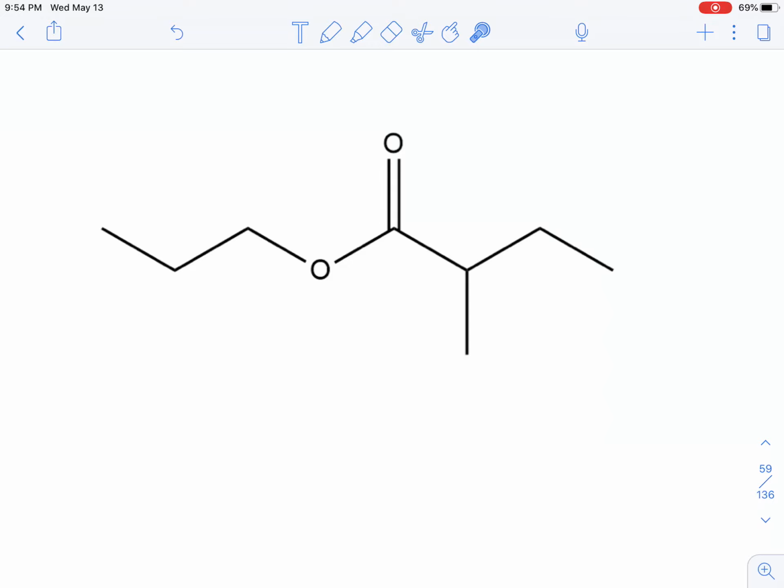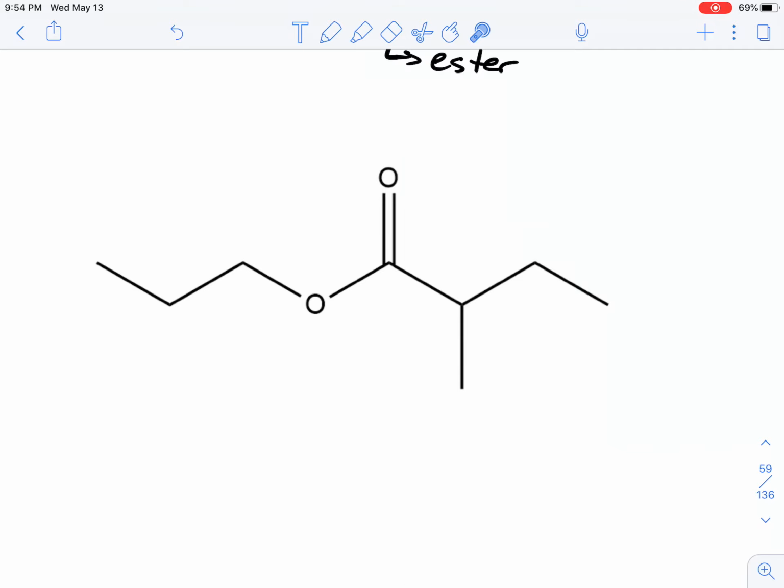So let's go ahead and take a look at this last example here. This last example is kind of tricky. So once again, I'm going to recognize that this is the carbonyl group. This right here is the oxygen, and notice that it's covalently bonded to another carbon. And so what I have is an ester.